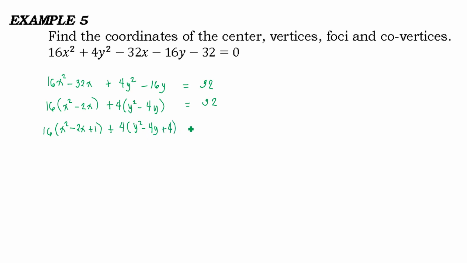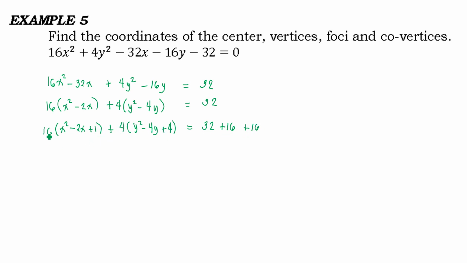Now, here, what happens is we are going to multiply the constant here by 16 and then here by 4. So, that becomes plus 16 plus 16, because 4 times 4 is 16, and 1 times 16 equals 16.